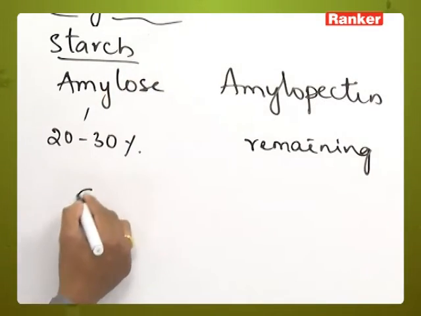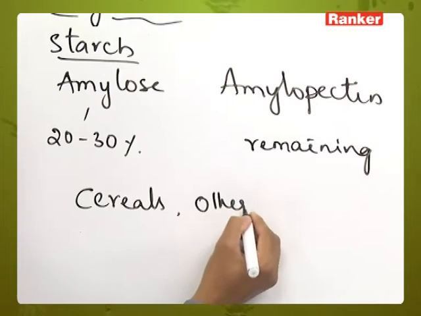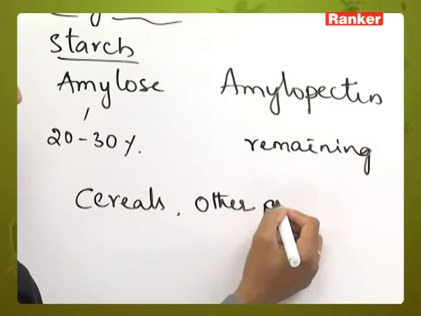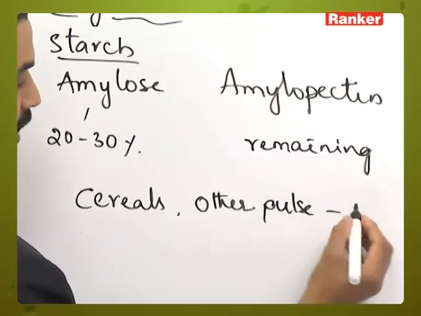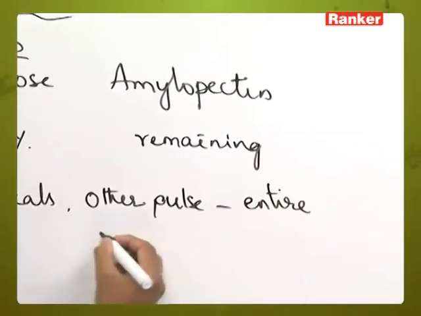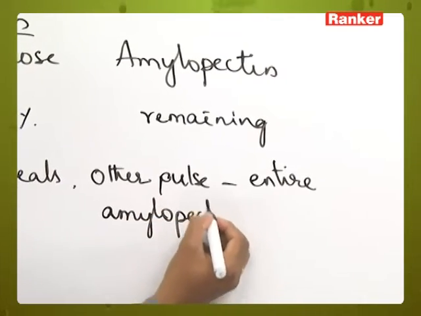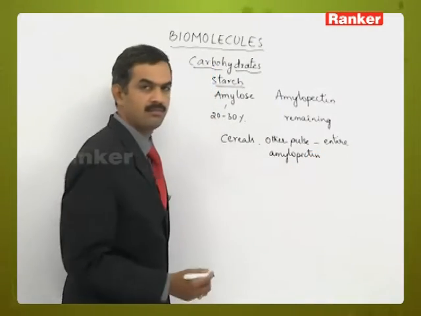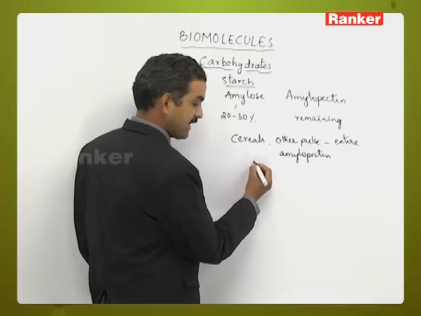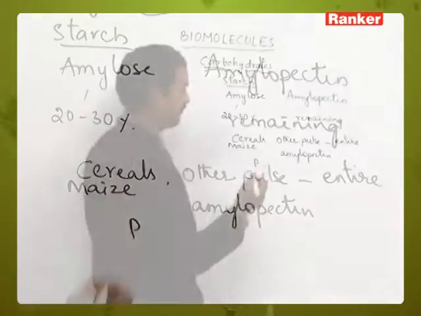Here, if we take the cereals and other pulses or other grain-like structures, in them the majority of the content is made up of amylopectin. Whereas in pea-like examples, and cereals like maize, this type of nature can be seen.